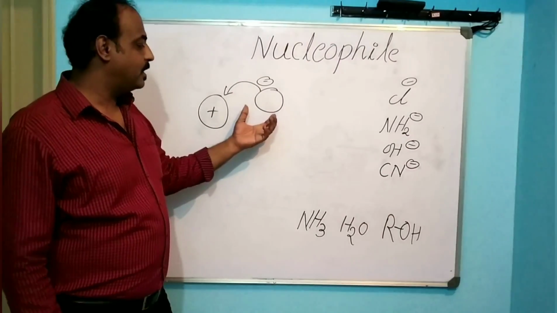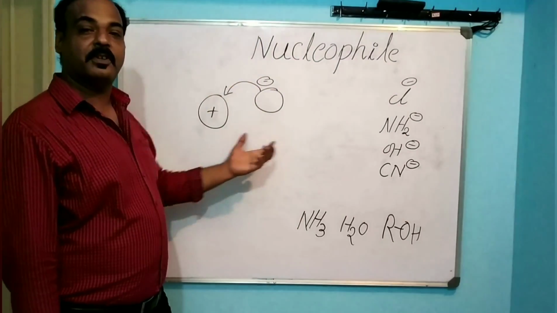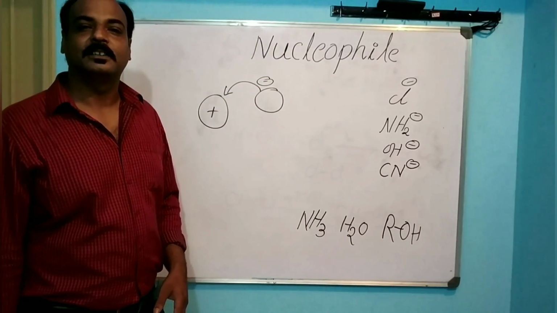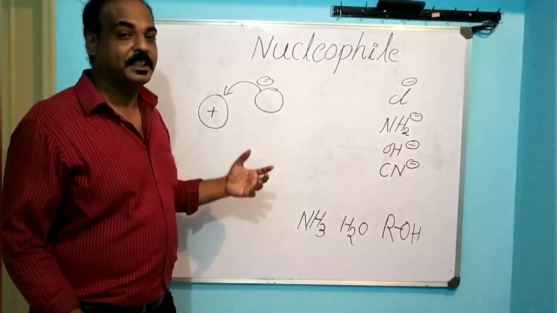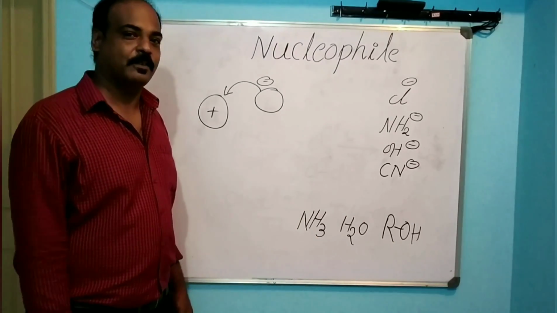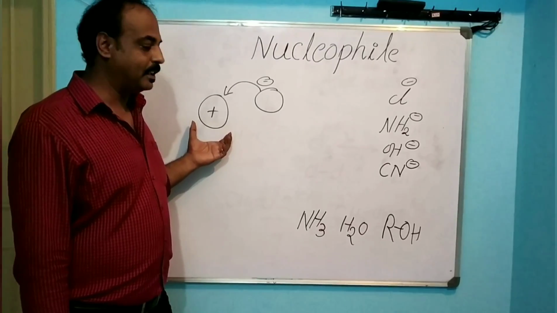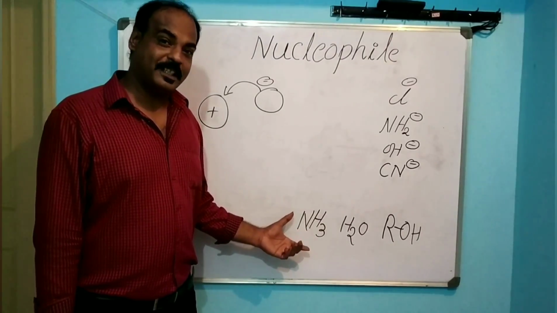Whenever a species with a negative charge likes the positive charge, the nucleus, we call it a nucleophile. A negatively charged species may be an anion, so any anion can act as a nucleophile. A nucleophile means an electron-rich species.